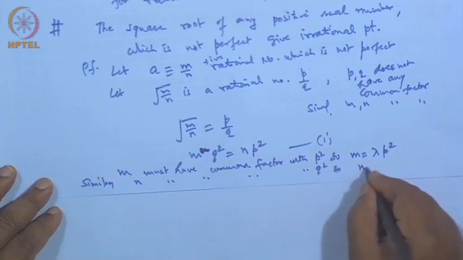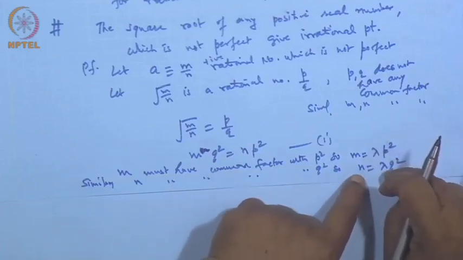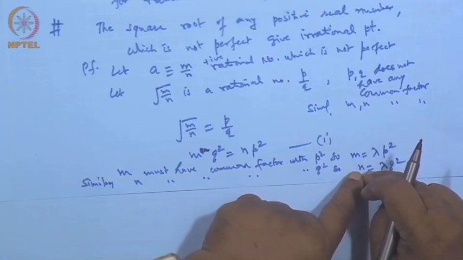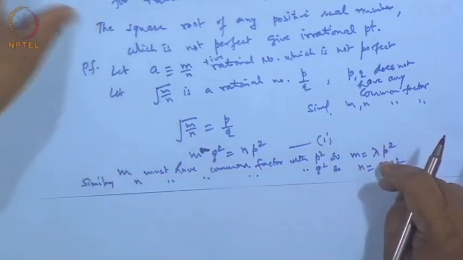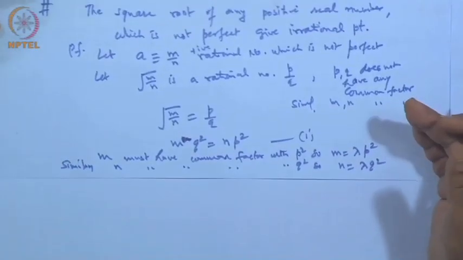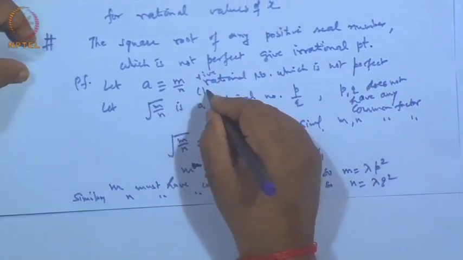So, n must be equal to lambda into q square, is it not? But m and n are in the lowest form. So, lambda must be 1, because m and n do not have any common factor. We are assuming m by n in the lowest form.